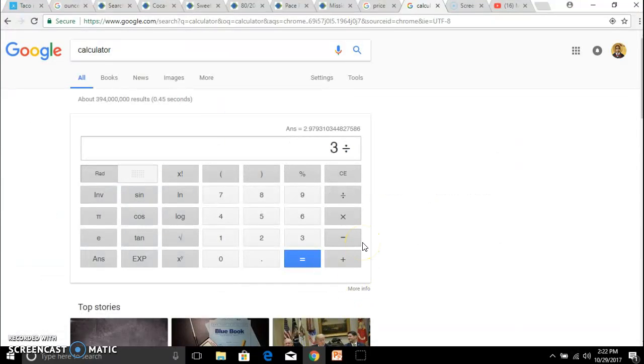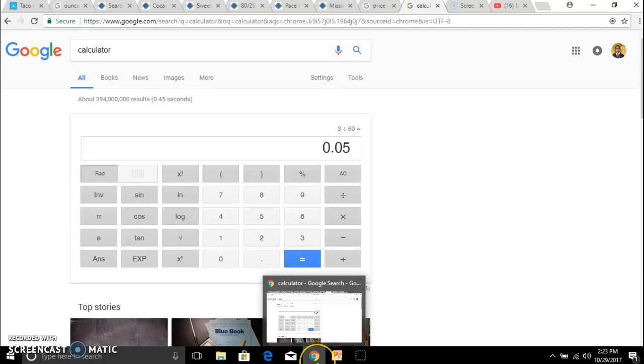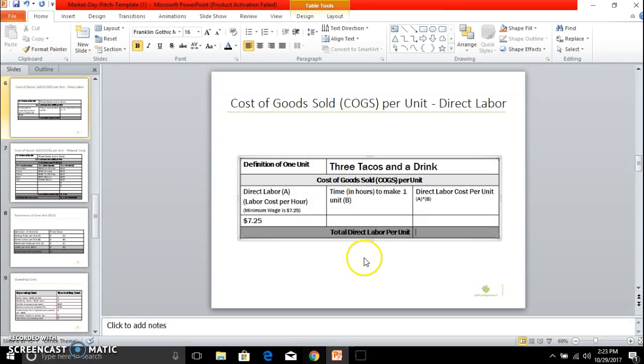Well, we're going to divide 3 divided by 60 because there's 60 minutes in an hour. So it's going to give us around 0.05. So we have 0.05 right here. And so that's going to be our time in hours to make 1 unit. So we're going to times 7.25 times 0.05 because we're trying to find the direct labor cost per unit.